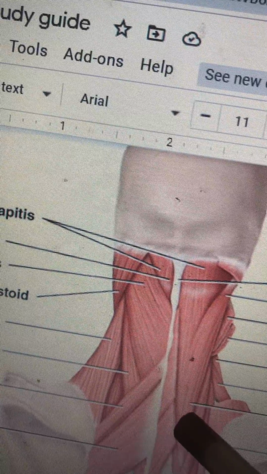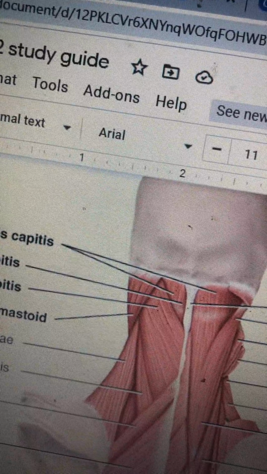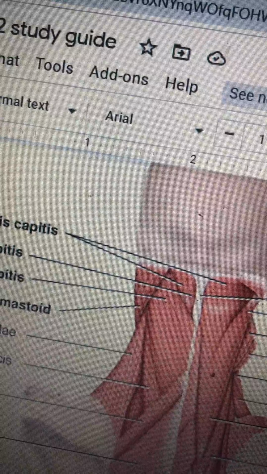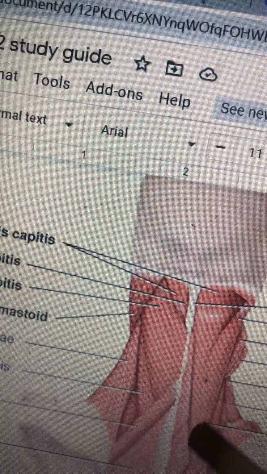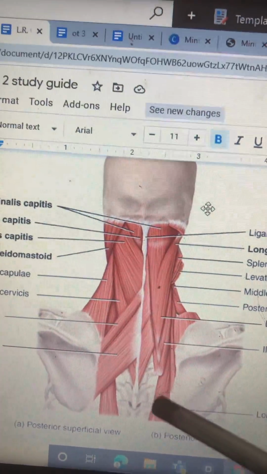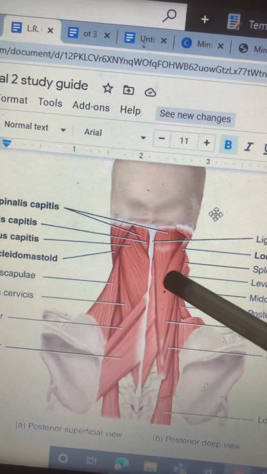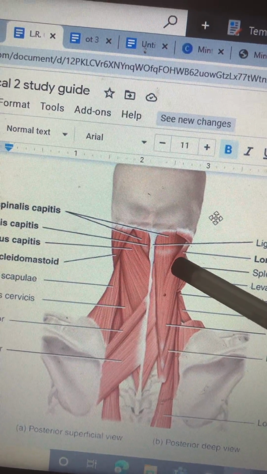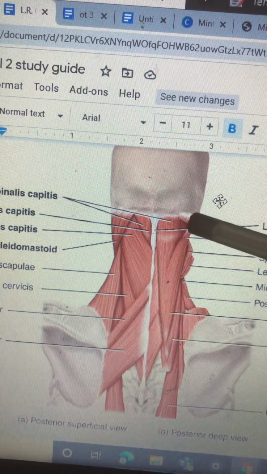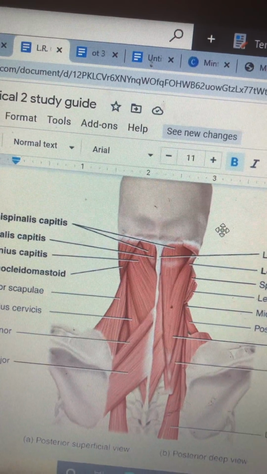Longissimus cervicis. So longissimus thoracis, longissimus cervicis, and longissimus capitis are here and here, that Demaya was talking about last lab.